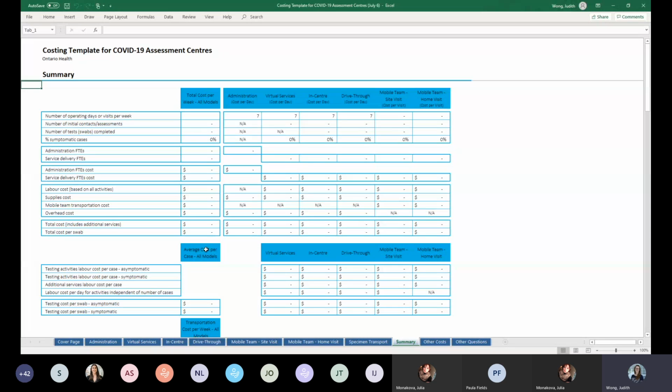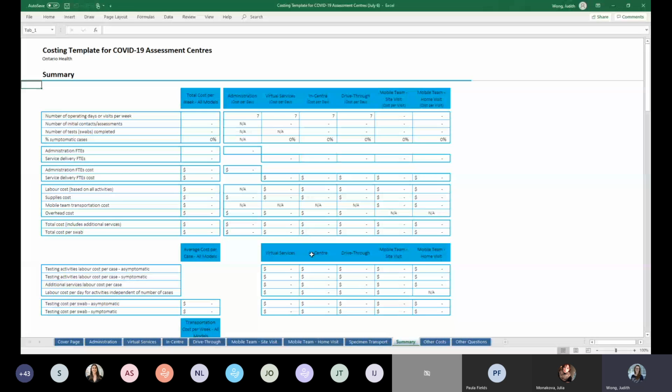Then the column on the left pulls together a total cost per week, which is calculated by multiplying the cost per day or the cost per site visit by the number of operating days or the number of site visits per week. So each of these values on the left are going to be a function of the cost per unit times the operating hours or the visits to give a total cost per week across all of your models combined. Useful to check this tab to see that your costs are showing up the way you expect them to.